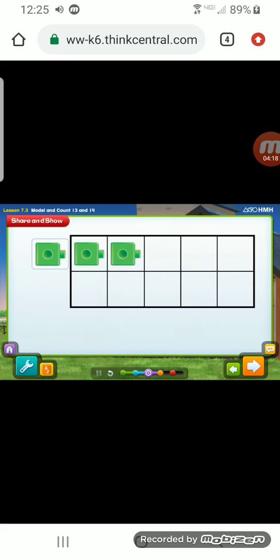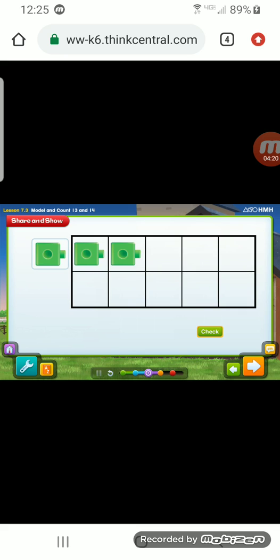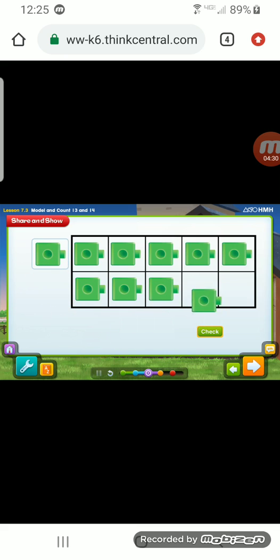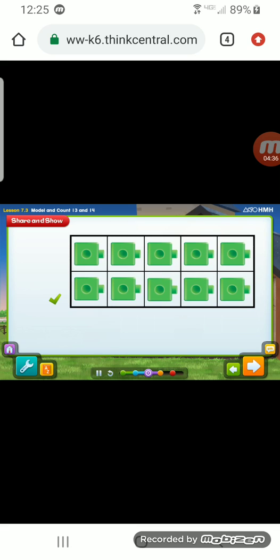Then check your work. 1, 2, 3, 4, 5, 6, 7, 8, 9, 10. Our 10 frame is full. Good job! There are now 10 cubes in the 10 frame. The cubes in the 10 frame show 10.